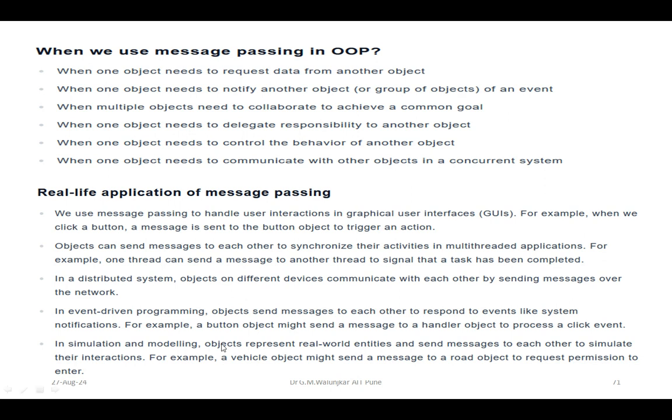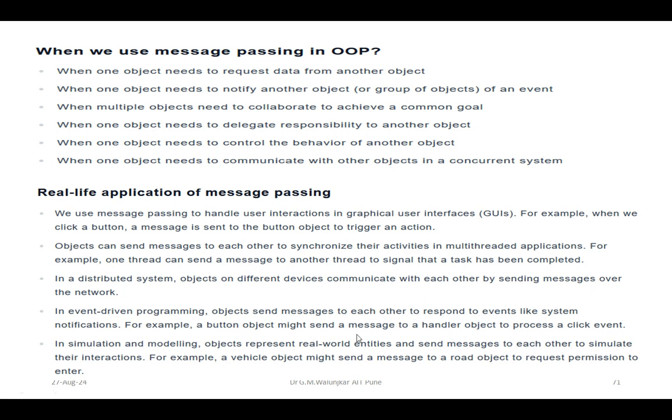As I told you, in event-driven programming, objects send messages to each other to respond to events like system notifications. For example, a button object might send a message to a handler object to process a click event. There is a click event, double click event, focus lost, form opening event. At that time also you can use this message passing concept.